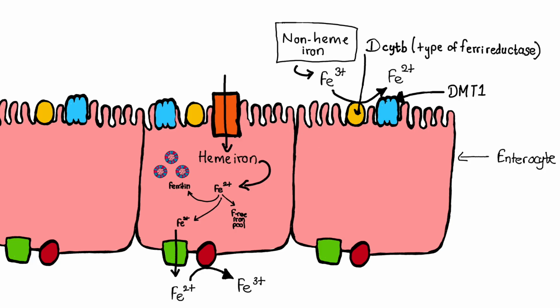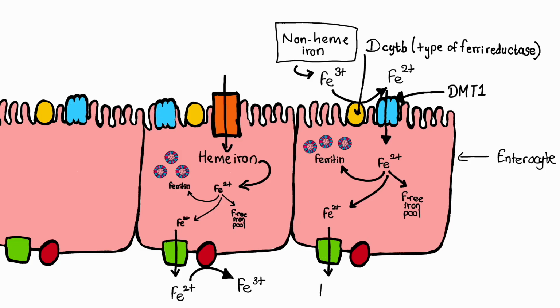Such enzymes include duodenal cytochrome B. Once the reduction has taken place, the iron is taken up by transporters. Specifically, in this case, it's taken up by a transporter named divalent metal transporter 1. For short, it's called DMT1.